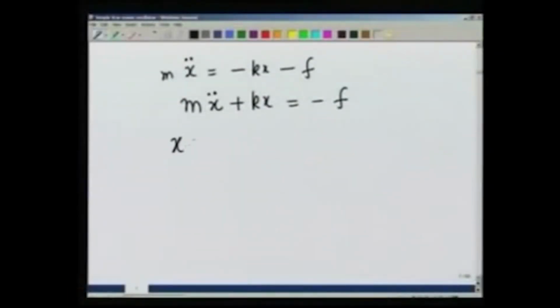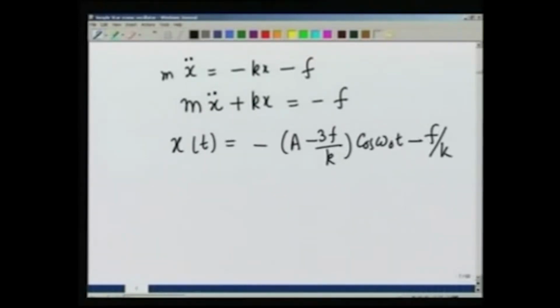You will find that while moving to the right, x t is described as minus a minus 3f over k cosine of omega 0 t minus f over k. Again it comes to a stop after omega 0 t equals pi.